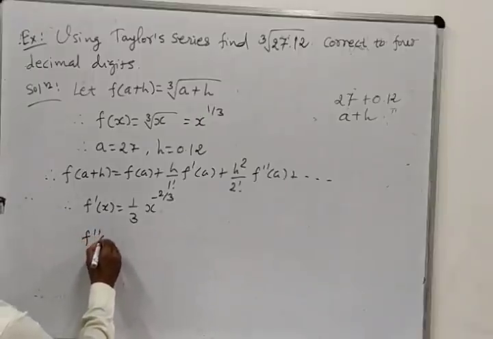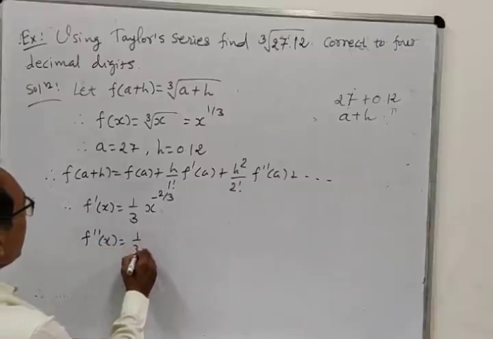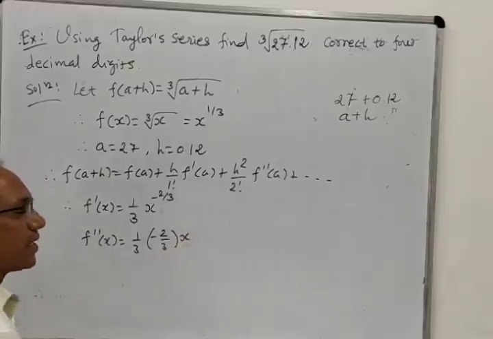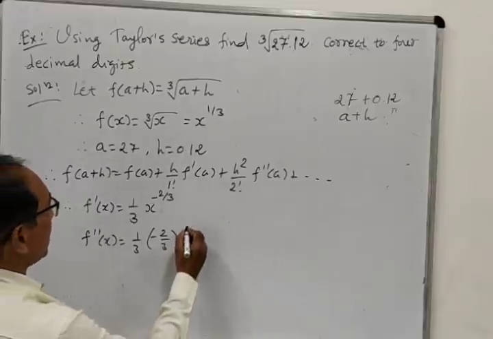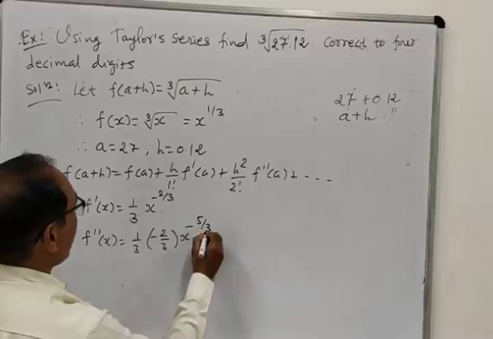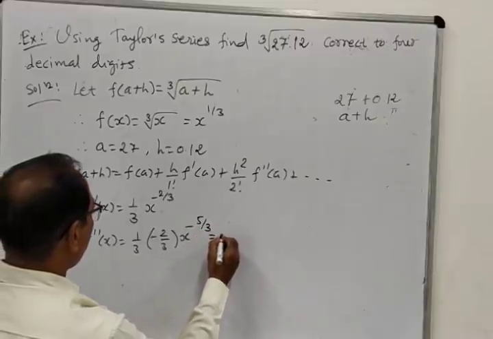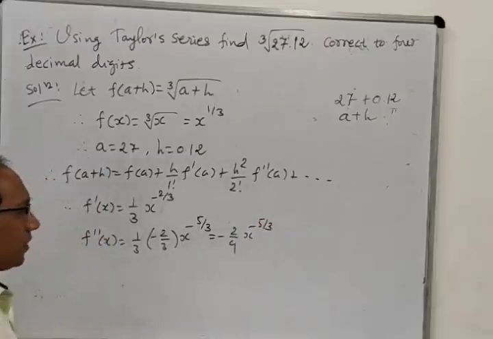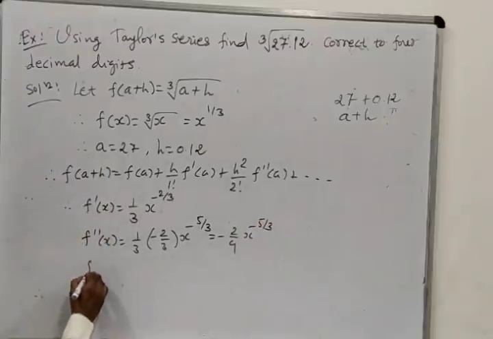F double dash x is what? 1 by 3. Its derivative is minus 2 by 3 into x raised to minus 2 by 3 minus 1. Minus 2 by 3 minus 1 means minus 5 by 3. So this is nothing but minus 2 by 9 x raised to minus 5 by 3. Then we can find the triple derivative.